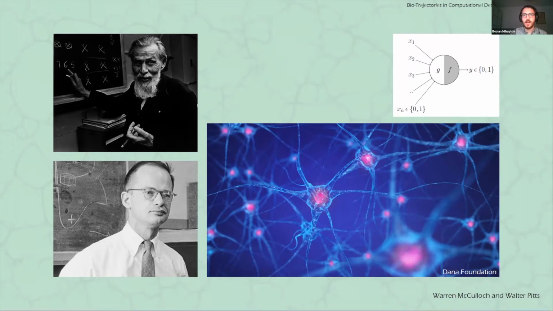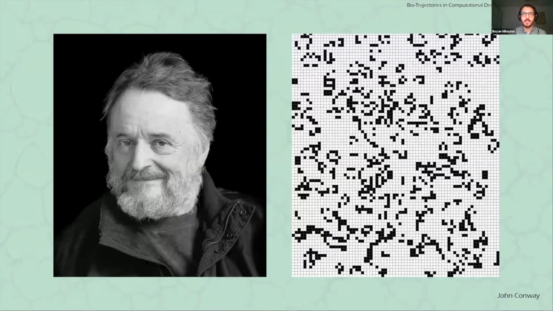A little bit later on, in the 1970s, the mathematician John Conway explored yet another algorithm with very simple rules, which can yield complex behavior. He applied this algorithm to a grid of little square cells. He called them cells, and they had binary states: either they were dead or alive.